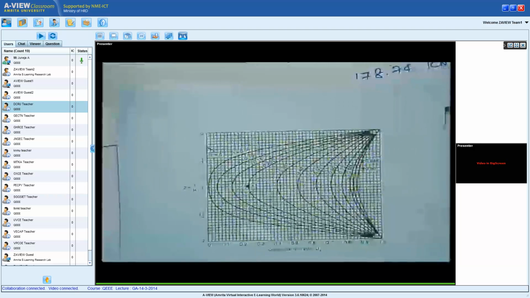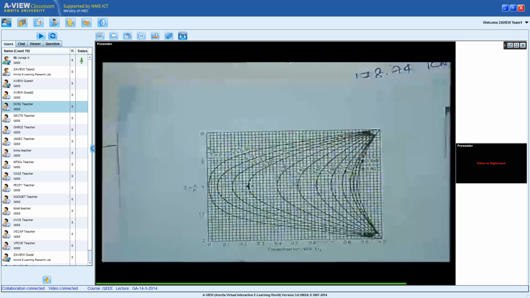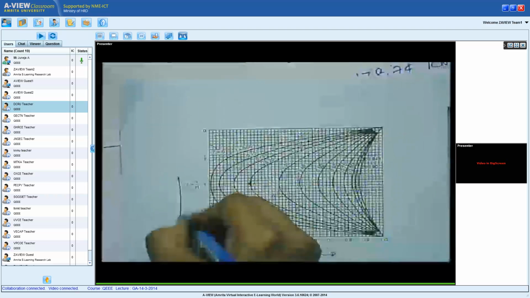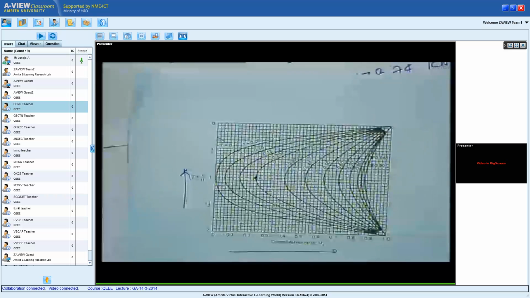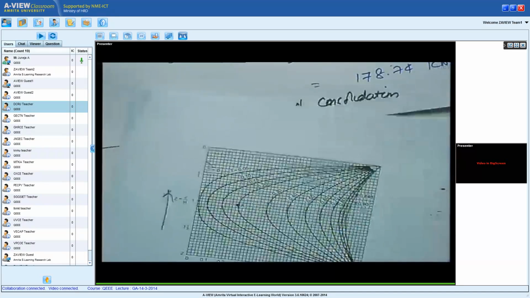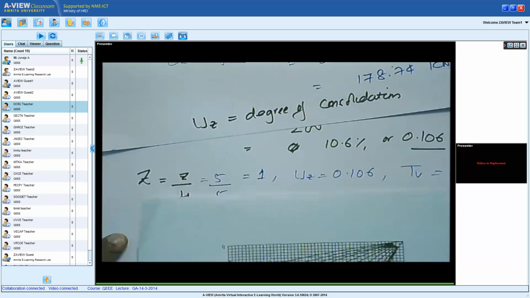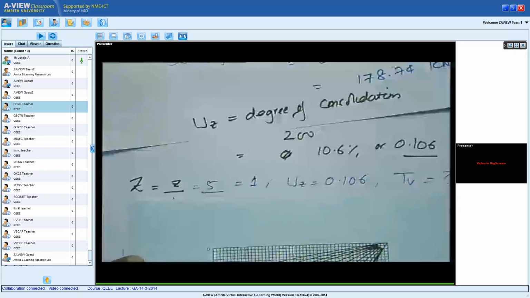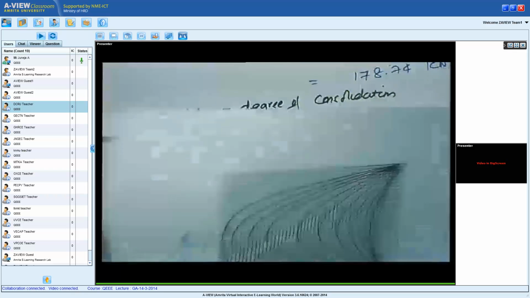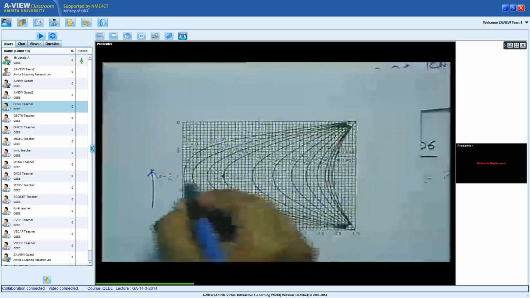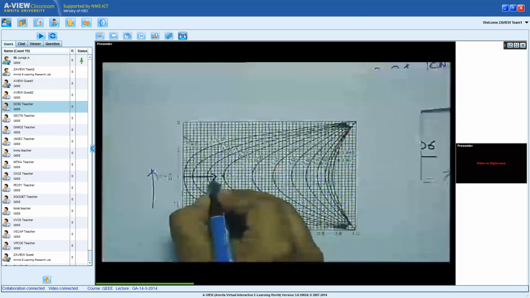The horizontal axis is your Uz, vertical axis is your capital Z. In this case capital Z is 1 and Uz is 0.106. Capital Z is 1, that's here.